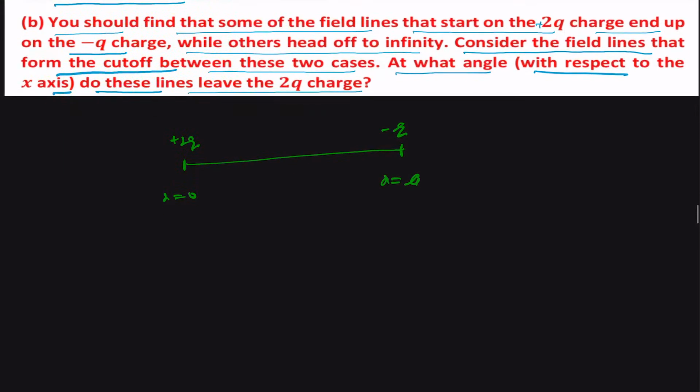So we can divide this entire axis into three regions. Let us call the region between x equals 0 and x equals a region number 1, the left side region number 2, and this one region number 3.